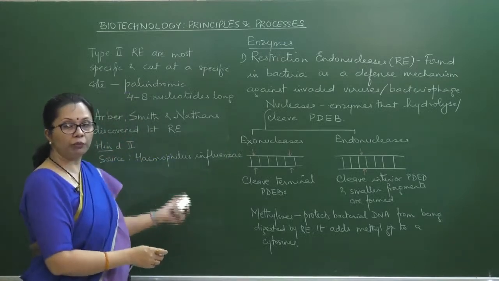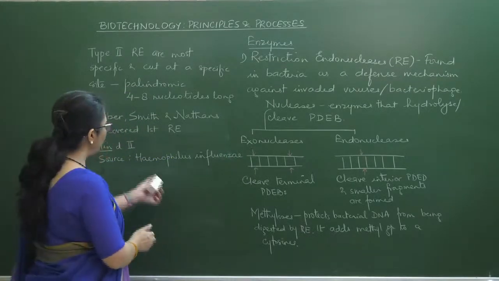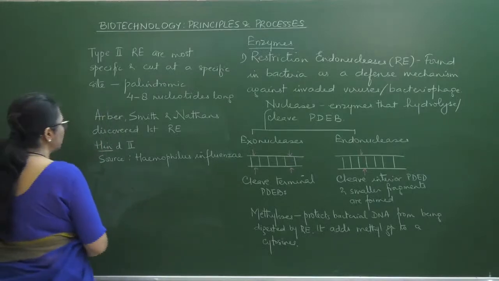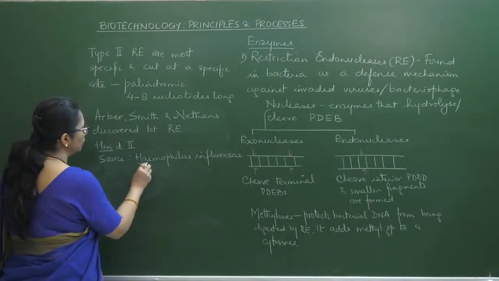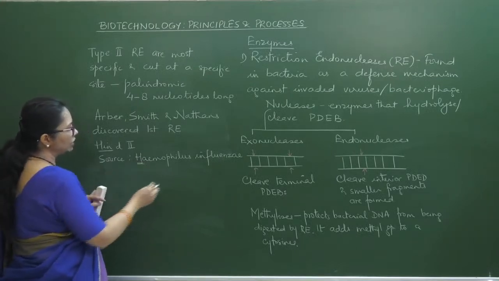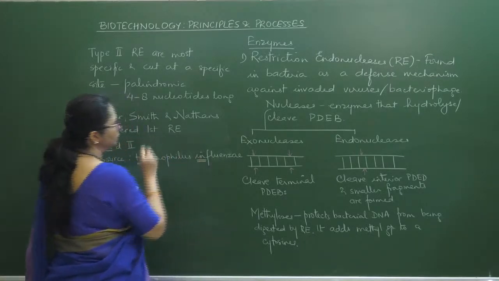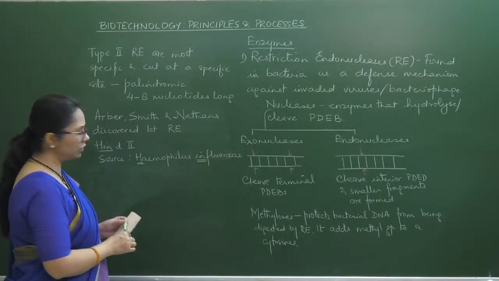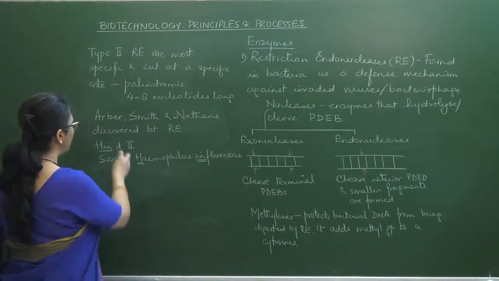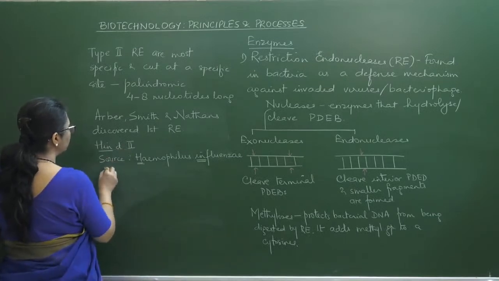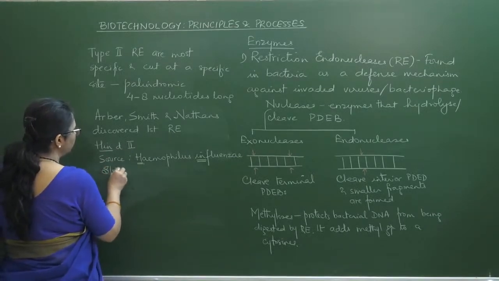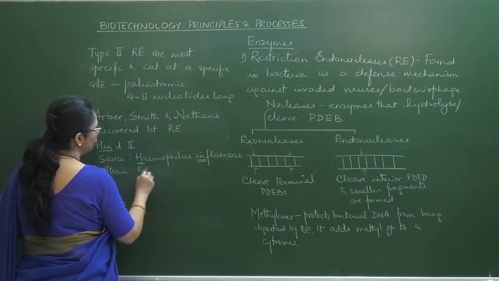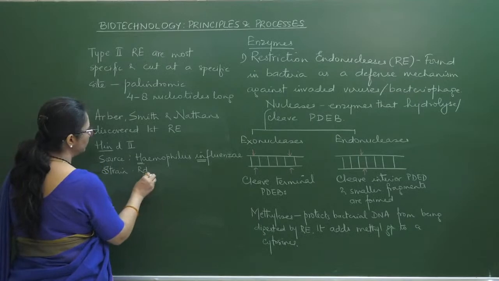And if you remember, this is the bacteria which causes pneumonia in Human Health and Disease. We have mentioned the name of this bacteria. So you see, from the genus name, the first letter is taken. From the species epithet, we take the 2 letters. So that is Hin here. And d comes from the strain. Now bacteria have different strains. So the strain is Rd, so from here this d is taken.